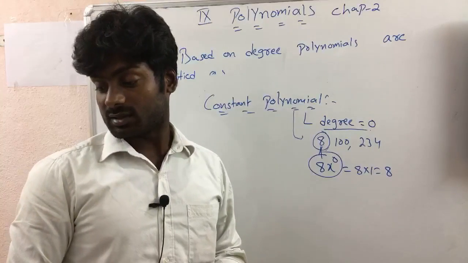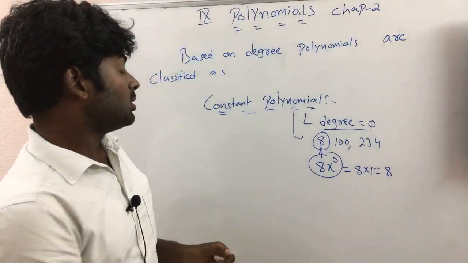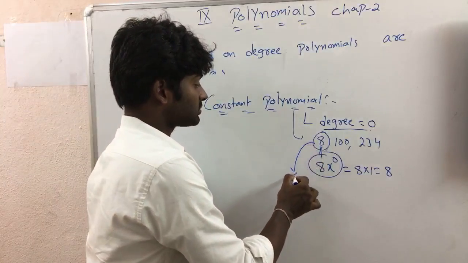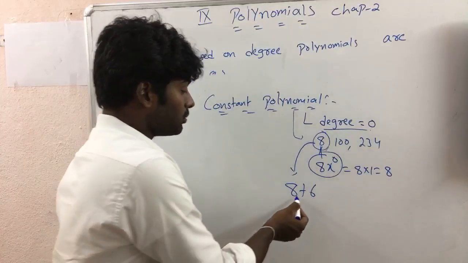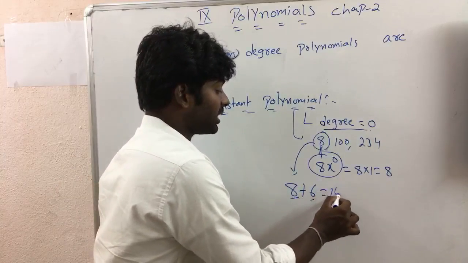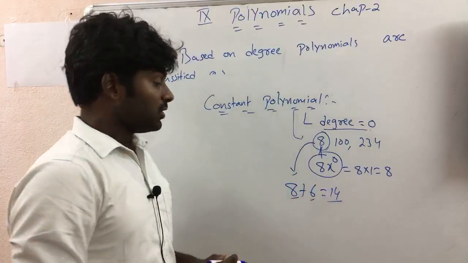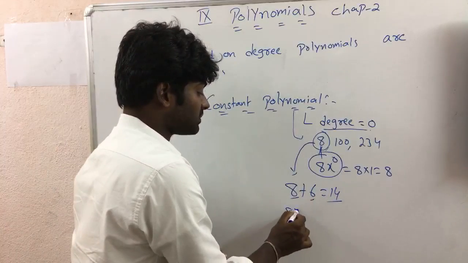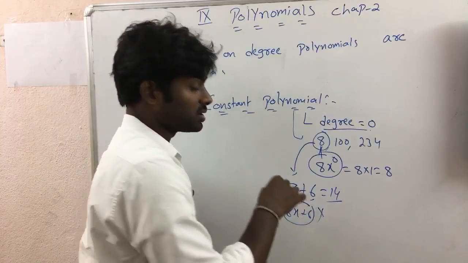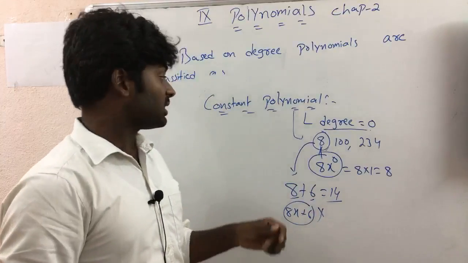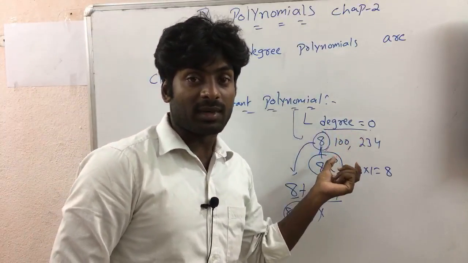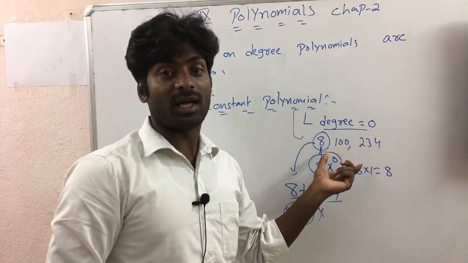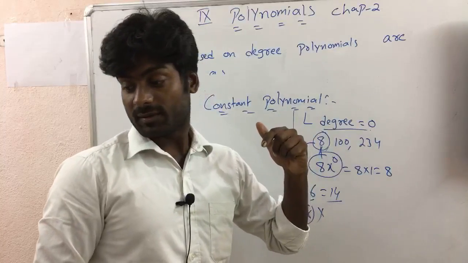So we are saying no. See, if we take 8 plus 6, it is not two terms, both are like terms, you can add them and make it a single term. If you take any variable here, 8x plus 6, it is not a constant polynomial. That means if it is a constant polynomial, we should have only a single term, that is nothing but the constants, the numerical values.